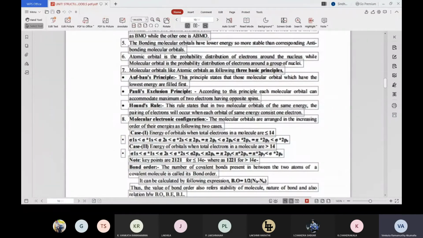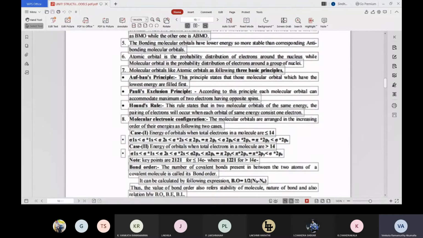That is sigma 1s less than sigma star 1s less than sigma 2s less than sigma star 2s less than pi 2px equal to pi 2py less than sigma 2pz less than pi star 2px equal to pi star 2py less than sigma star 2pz.